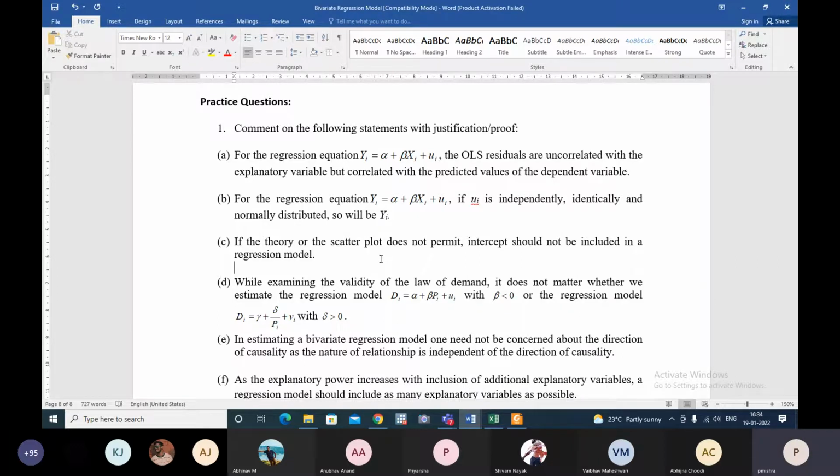While examining the validity of the law of demand, it doesn't matter whether we estimate this model with beta being negative or this model with delta being positive.